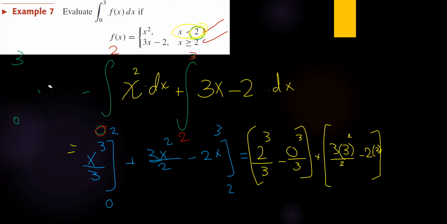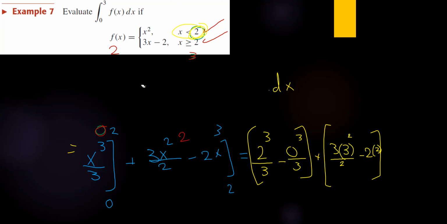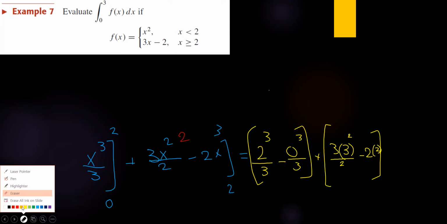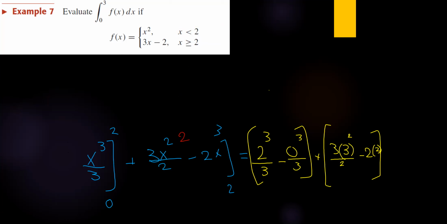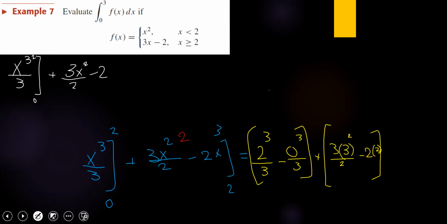Let's write it here first. So let's integrate and evaluate up here because I need space. So let's write it as x cubed over 3 from 0 to 2 plus 3x squared over 2 minus 2x from 2 to 3.